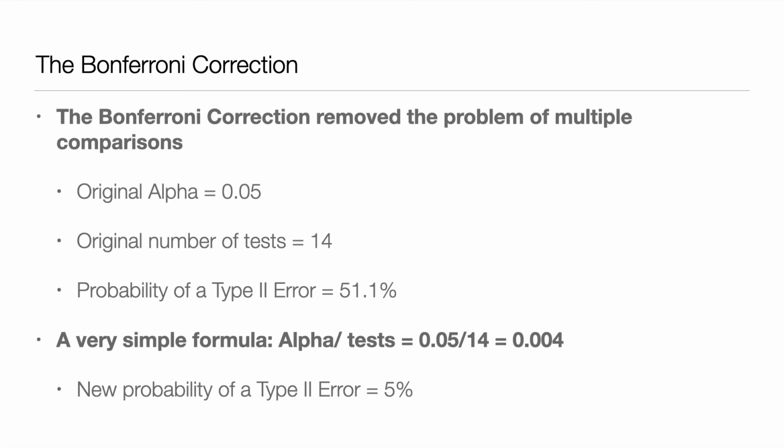So what we do is we ignore every significant test above 0.004, meaning that out of all the 14 tests, we still only have the 5% chance of type 2 error.